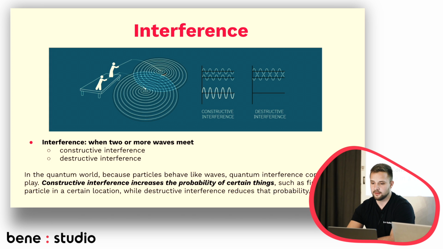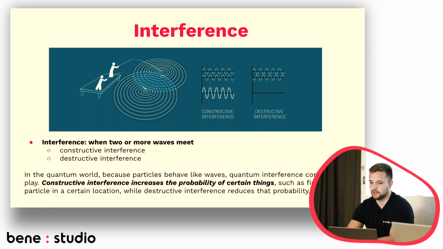And the third important definition is interference. Interference happens when two or more waves meet. Their highs and lows can build on one another, called constructive interference, or cancel each other out, called destructive interference.